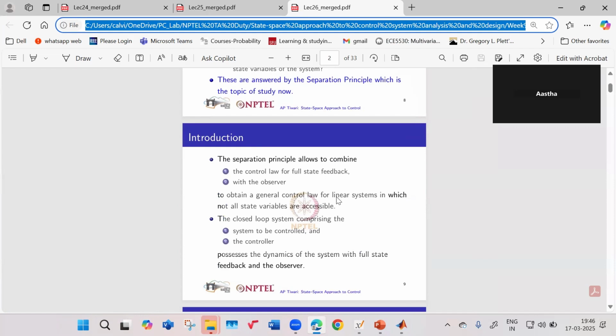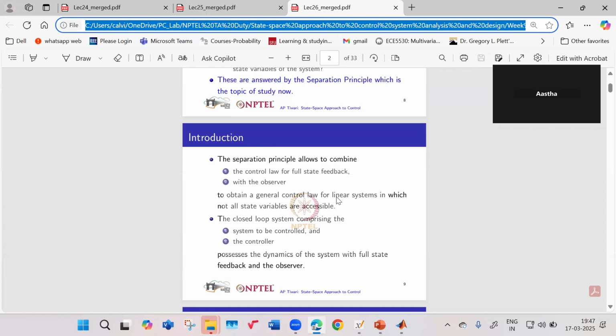And this is only valid if we follow what is known as the separation principle. So what does the separation principle state? It is that we can design our state feedback controller using the previously known method, in which we assume that we have all the states, and also we can design our observers separately. Okay, they are decoupled.